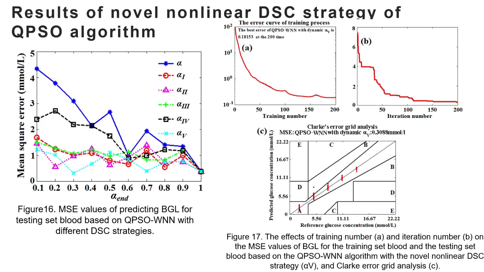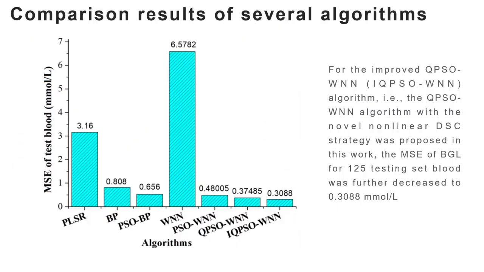Under the optimal parameters of the novel non-linear DSC strategy of QPSOWM, the MSE value of the blood glucose for the QPSOWM with dynamic DSC strategy is 0.3088 micromole per liter.